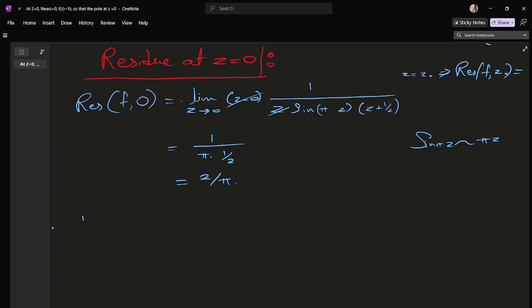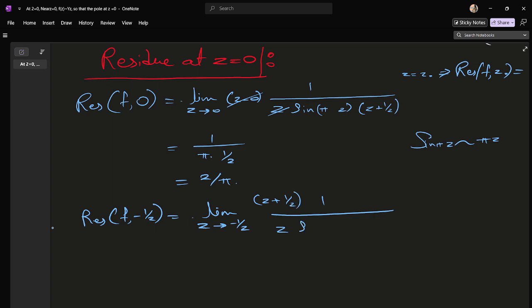Now again we have to find the residue at minus half. Then z plus half will cancel out in this process. What will I get?